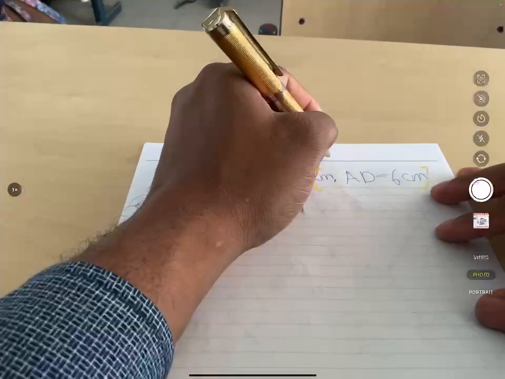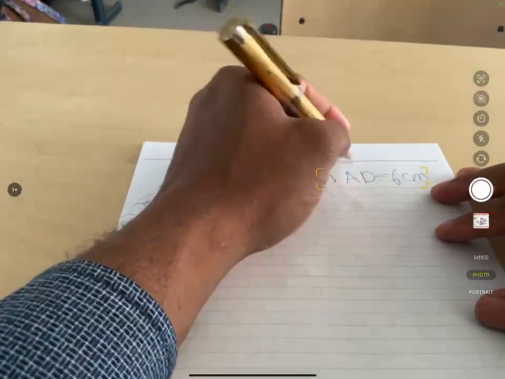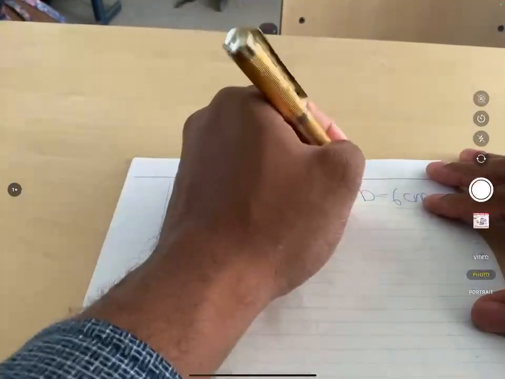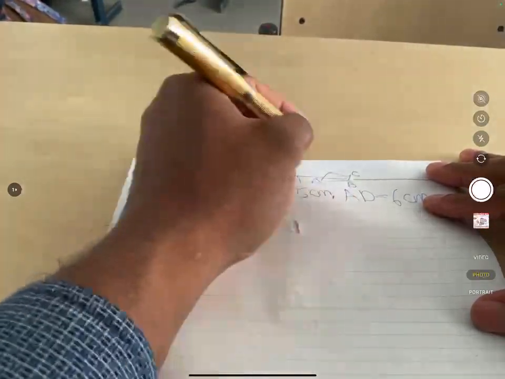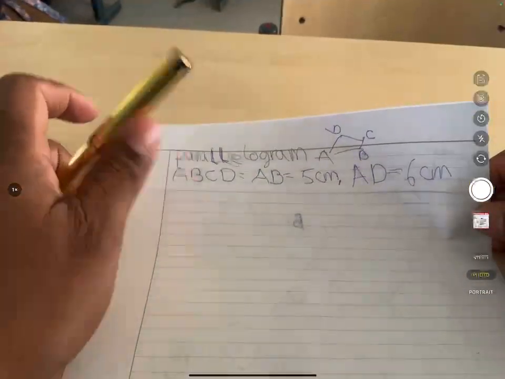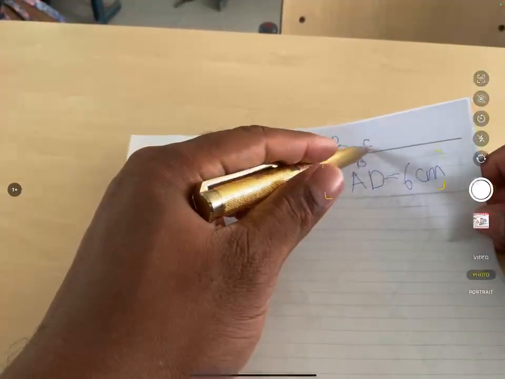So we have a parallelogram. It looks like this. You have A, B, C, D. This is what it should be. It starts here, A, B, C, D.